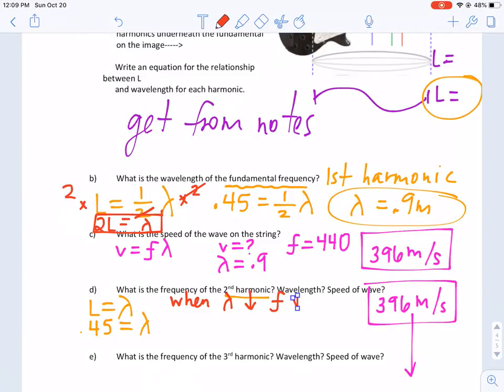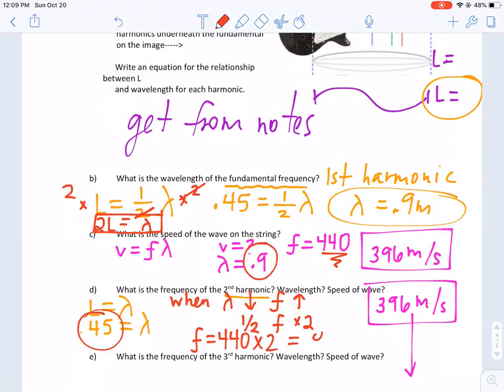And if we think about how much, if wavelength is cut in half from 0.9 to 0.45, frequency is doubled. And so we can say that the frequency is 440 times 2, 880 hertz.